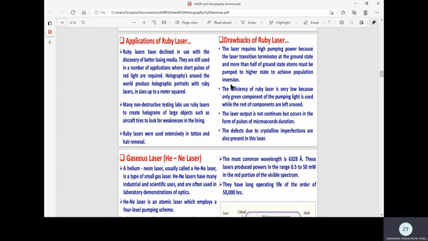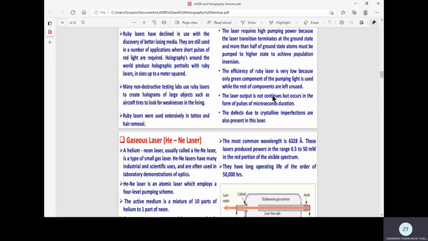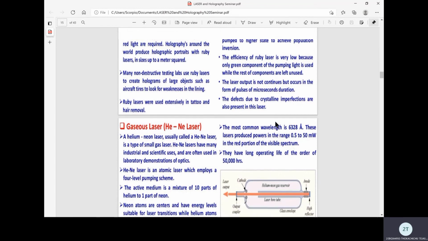That is, population inversion is very difficult to achieve in this experiment, which is also a major drawback. Also, the defects due to crystalline imperfection. The crystalline is nothing but the ruby crystal which we are using here. So, of course, the crystalline imperfections also play a key drawback in this ruby laser experiment.